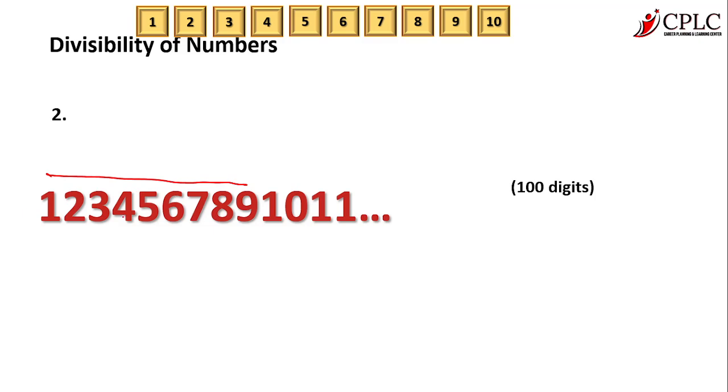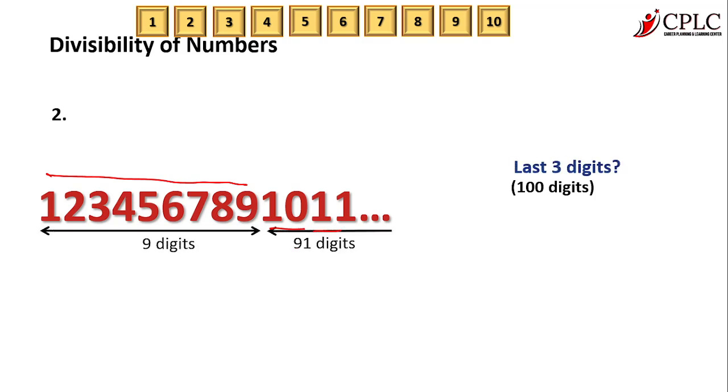So for writing these 9 numbers, you have utilized 9 digits, for example. But what you end up observing is that the moment you write 10 beside 9 or 11 beside 10 and so on and so forth, you would realize that each of these numbers is a two digit number. 10 is a two digit number, 11 is a two digit number.